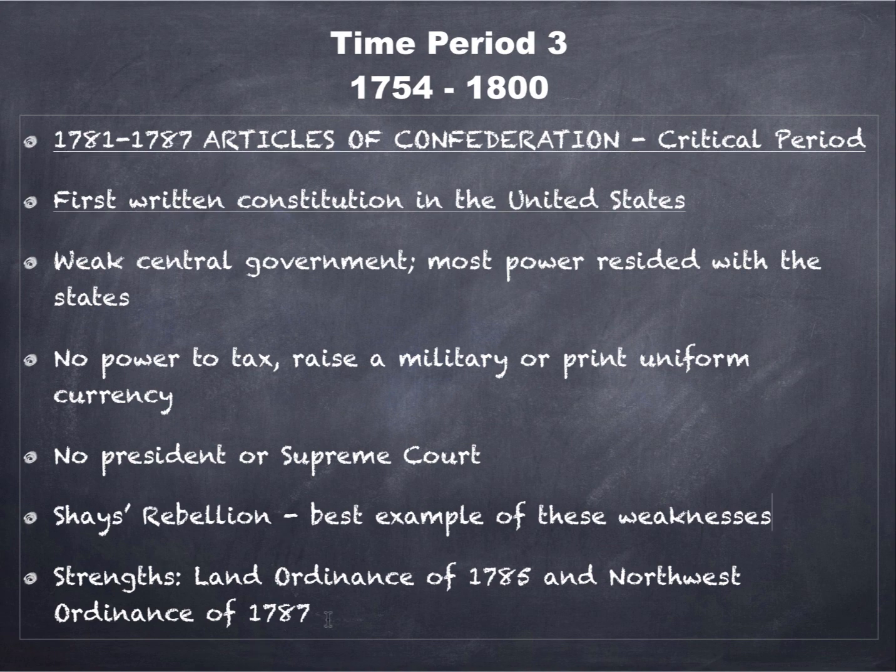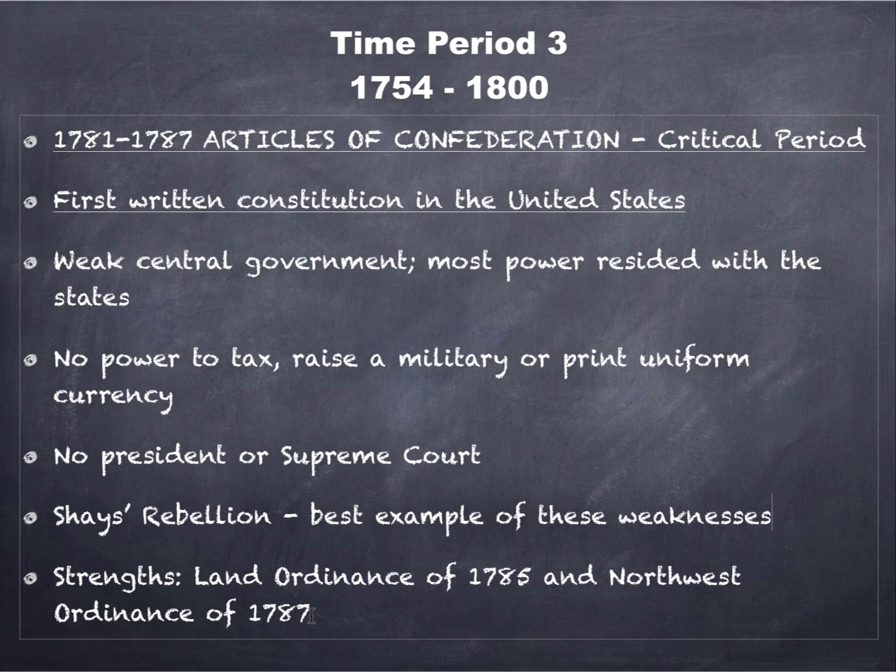Okay, so the only strengths of the Articles had to do with the settlement of land in the Northwest Territory. This is the area in Michigan, Indiana, Illinois, Ohio, Wisconsin. They created rules and policies for how these territories could eventually become states.